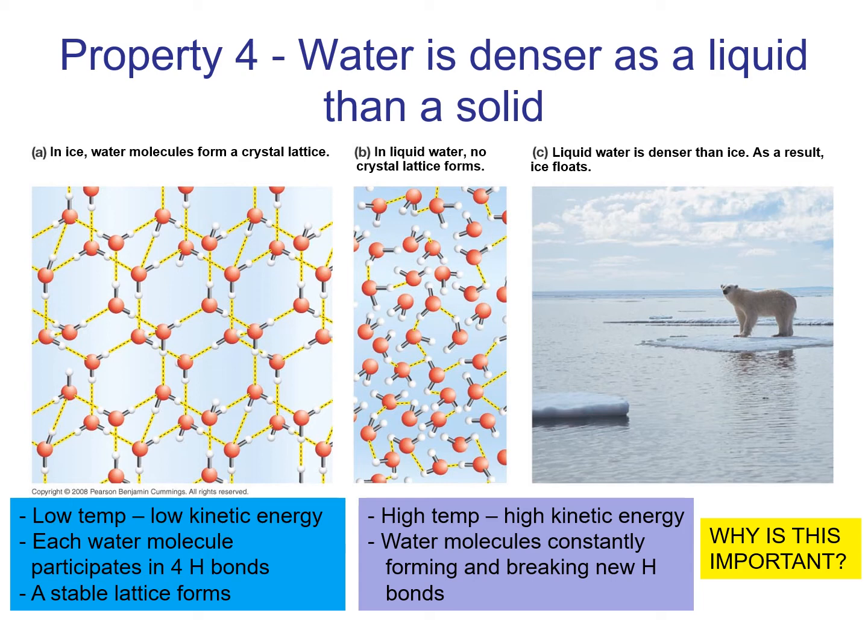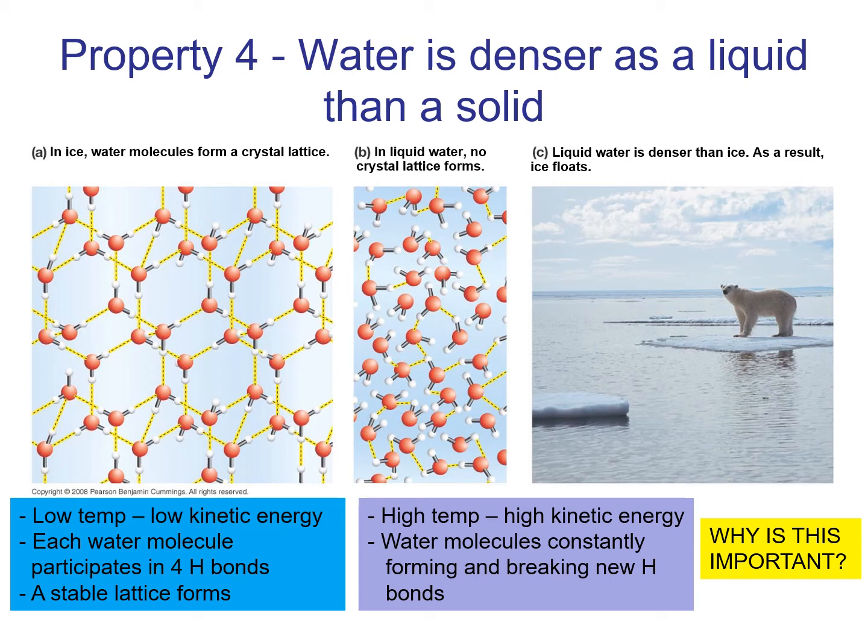At higher temperatures, the water molecules are moving around all over the place. Temperature is actually just a measurement of the average speed of motion of molecules. As we heat things up, the molecules get more energy, they move around all over the place, and those hydrogen bonds are constantly breaking and reforming.